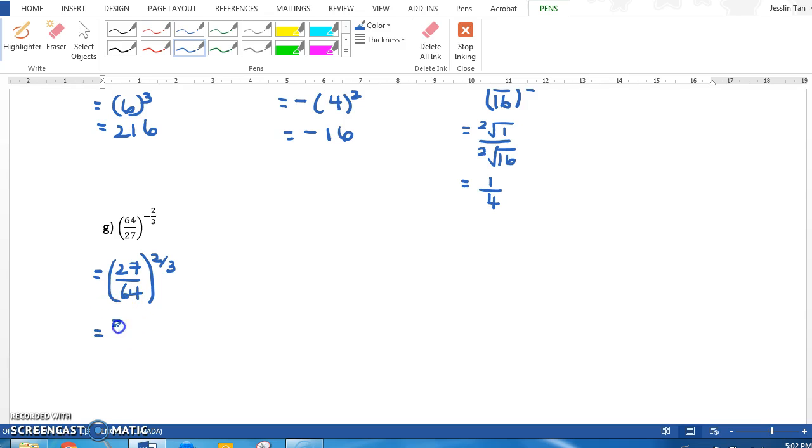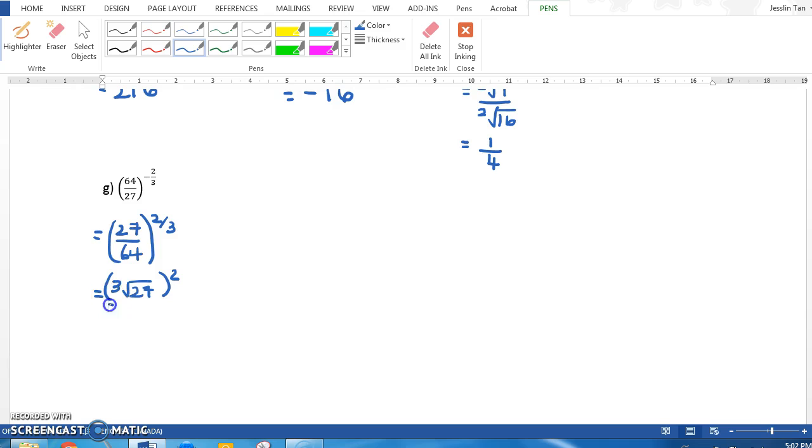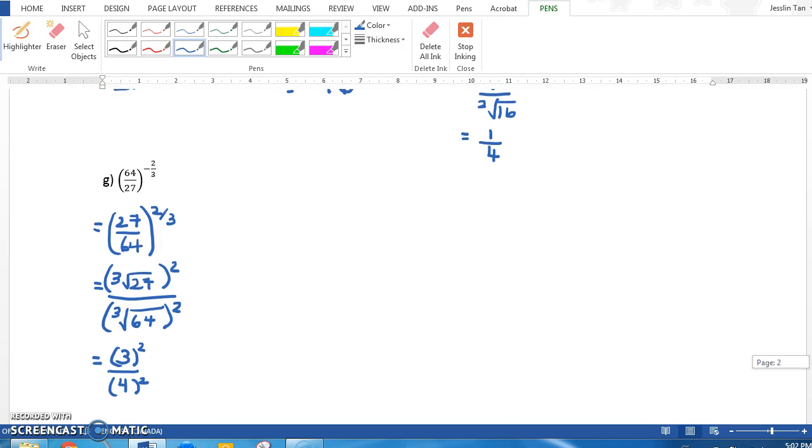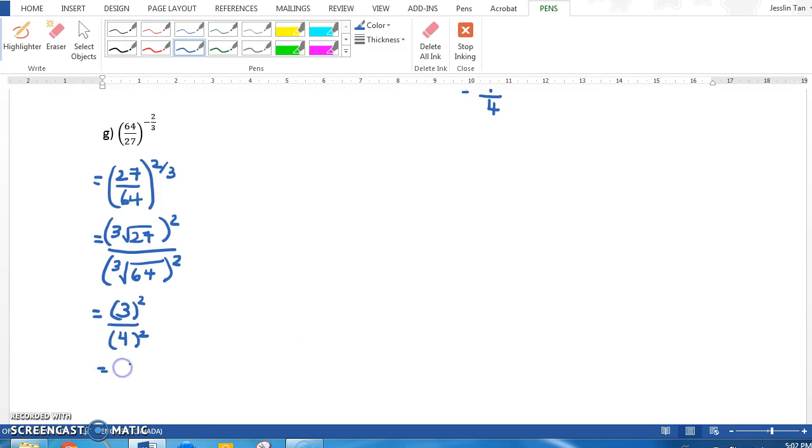So in this case, I have the 3rd root of 27, and all of that is squared. I can apply it to the top, and then I can apply it to the bottom. So it would be the 3rd root of 64, and then that entire piece is also squared. So we're using some of the exponent laws that we talked about yesterday. So the 3rd root of 27 works out to be 3, so I have 3 squared, and the 3rd root of 64 is 4 squared, so my final answer here works out to be 9 over 16.